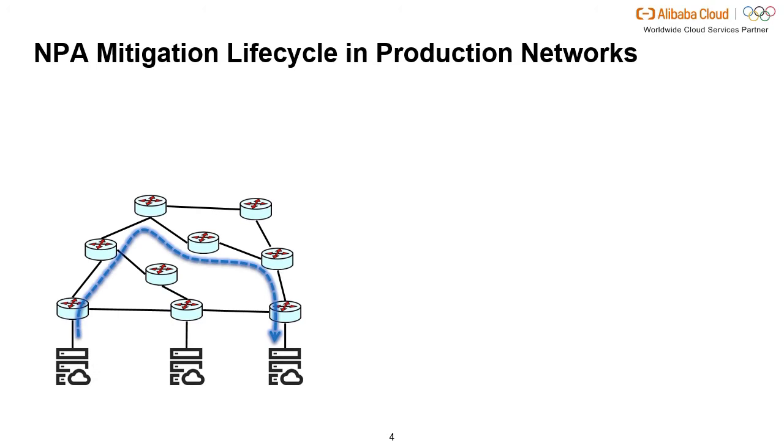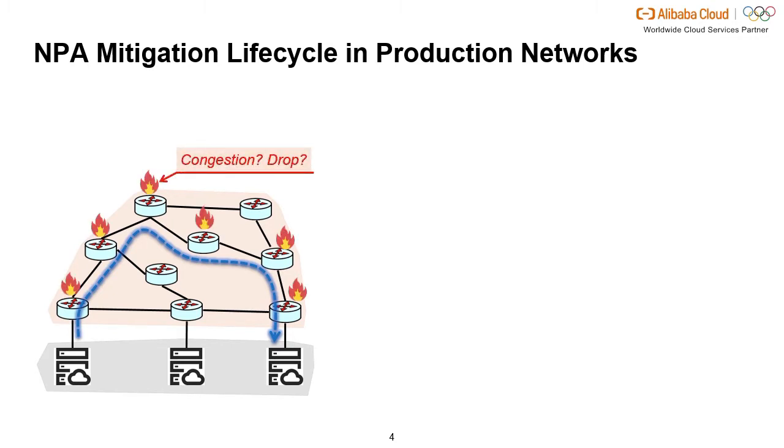For example, assume traffic of an application experiences performance decrease in a network. First, operators should locate the root cause of the NPA by answering the three questions: whether the network or the servers should be blamed, where the NPA happens, and what causes the NPA.